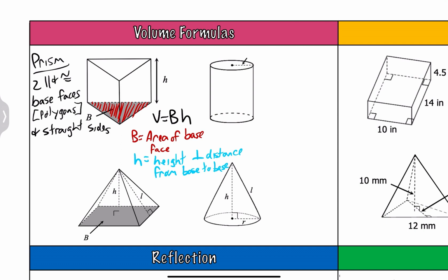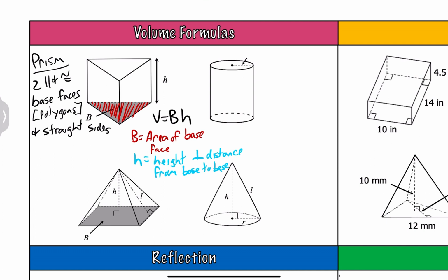Keep in mind, there will always be 2 base faces and then the sides connecting them. So, fun little fact, and it might be helpful if you ever have to deal with surface area: for a prism, the side faces are always going to be parallelograms.